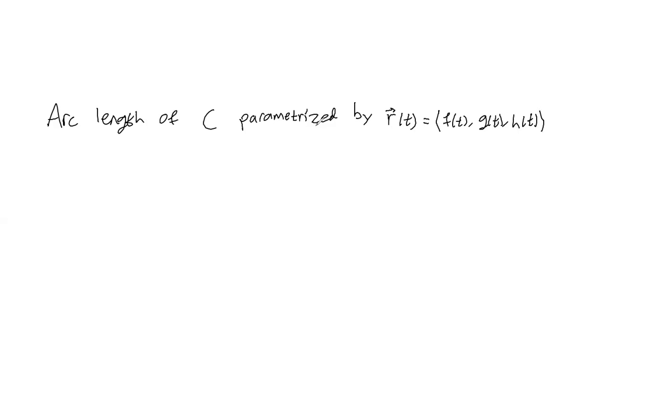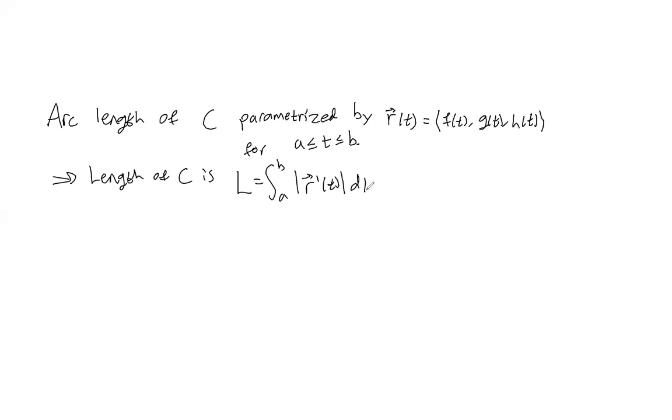It's parameterized by this function for t between a and b. Then the length of c is given by the formula L equals the integral from a to b of the magnitude of r prime of t dt. Unpacking this for a little bit, this should actually make a surprising amount of sense, and here's why.